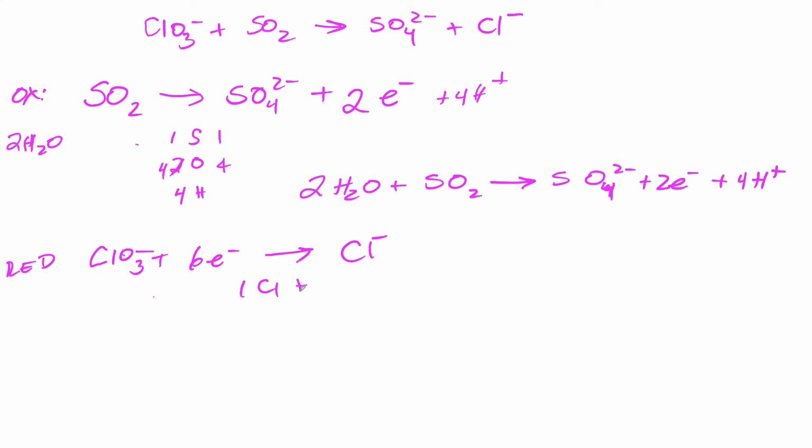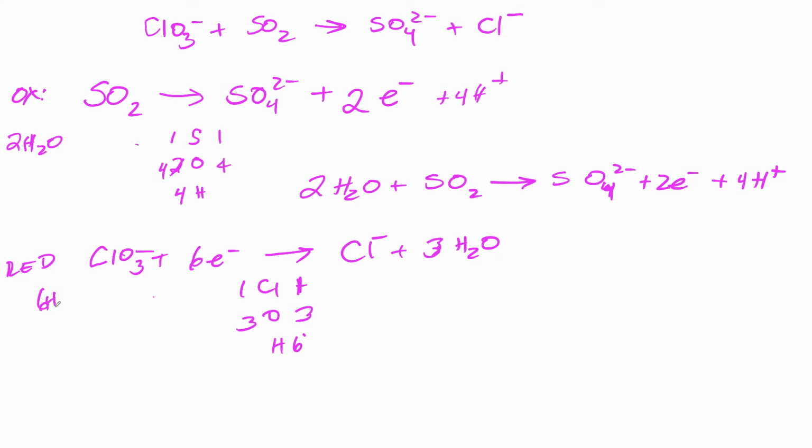For my reduction, I've got 1 and 1, so that looks easy. Now on the left-hand side, I've got 3 oxygens, so I need 3 oxygens on the right. To do that, I add 3 H2O. So that's 3 oxygens. Now I've added 6 hydrogens onto the right, so I need 6 on the left.